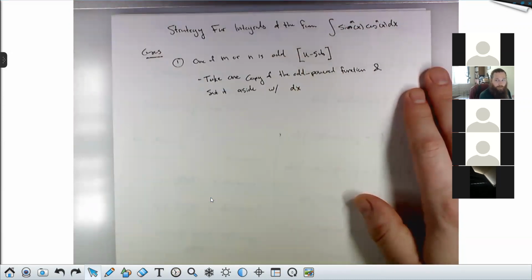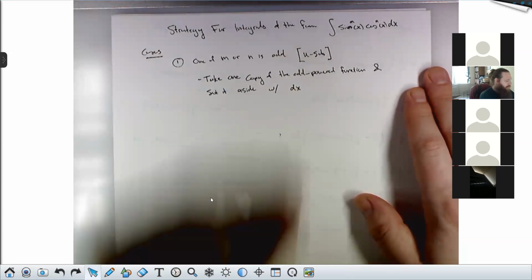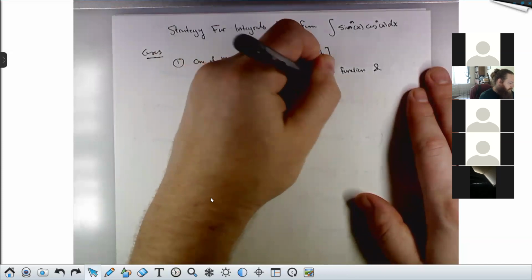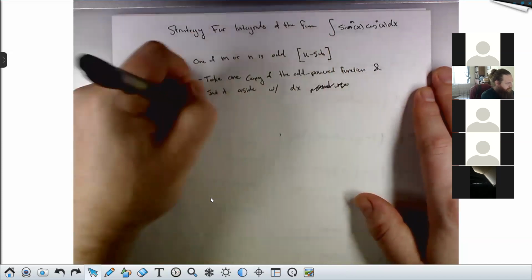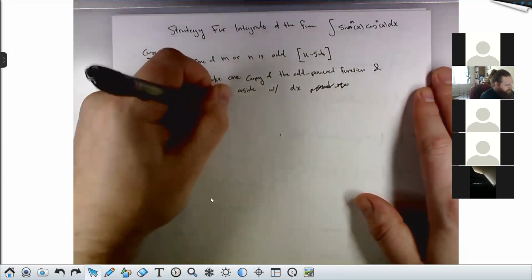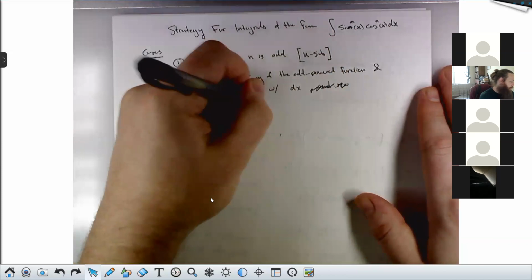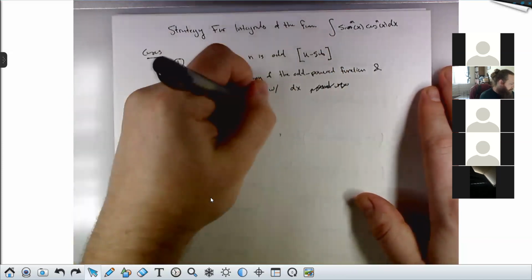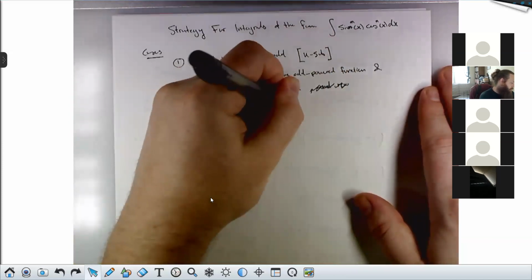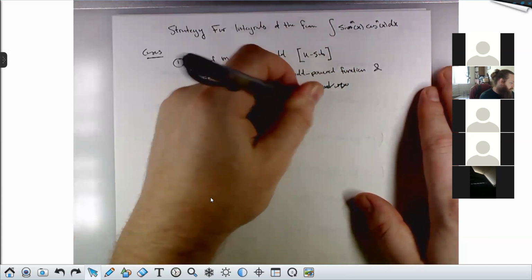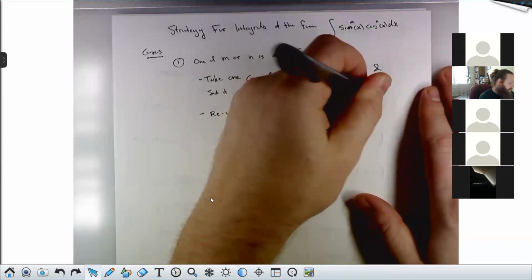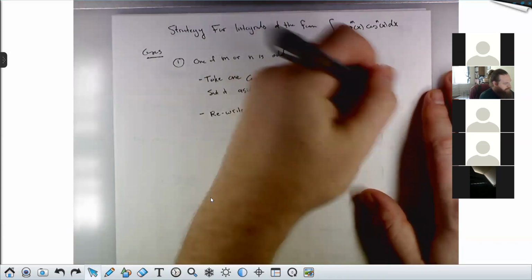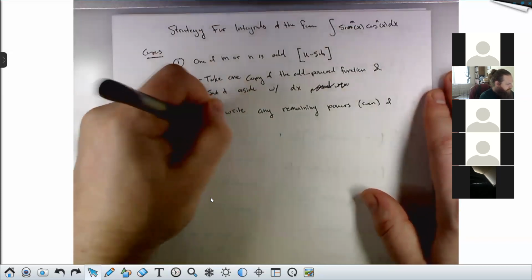It's going to be canceled or soaked up by the differential when you make your substitution. All right, so you're going to do that and rewrite. Well, I'll make this a second step. Rewrite any remaining powers, which will be even, of that function.